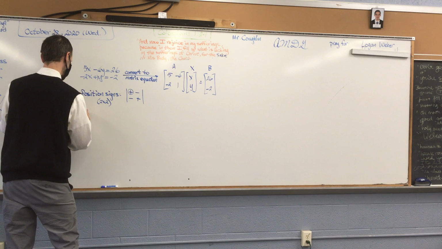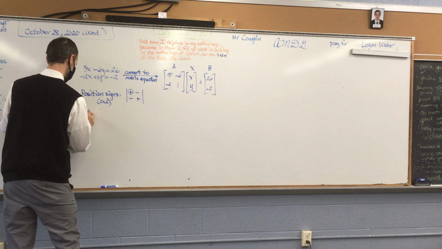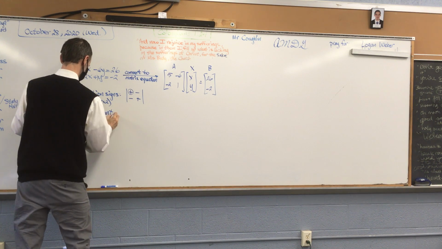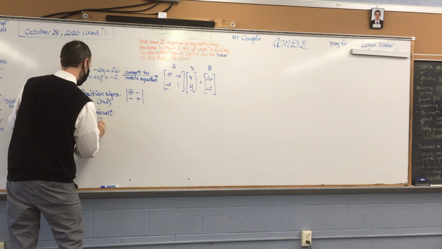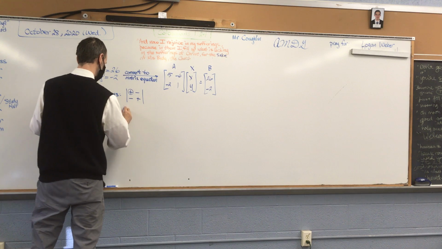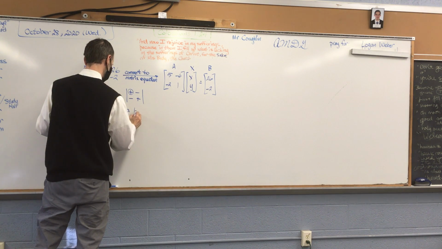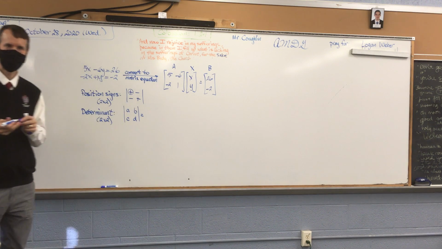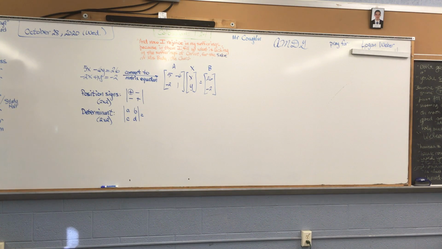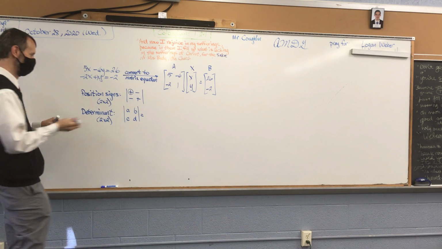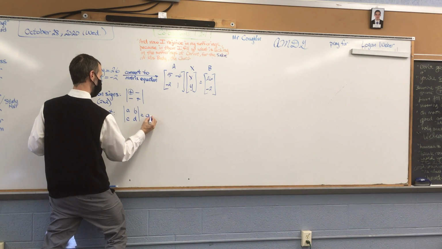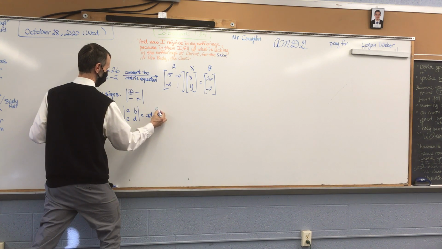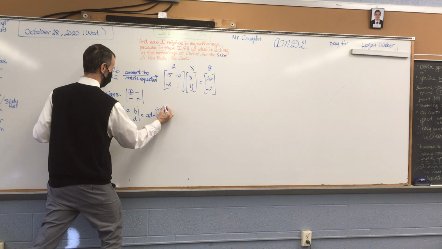You'll also need to know how to do a determinant. We talked a bit about this last week, but for a 2 by 2 determinant, if I were to give you A, B, C, D, can somebody tell me how to calculate the determinant? AD minus BC, or CB, whichever way you want.